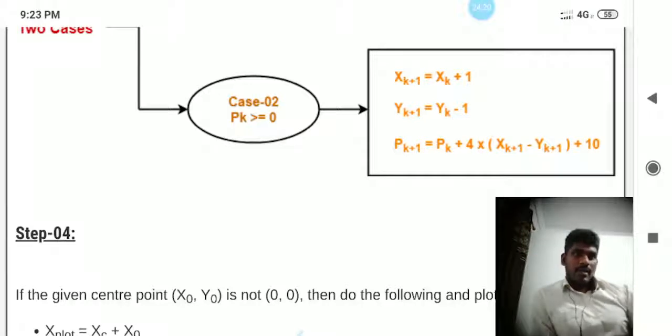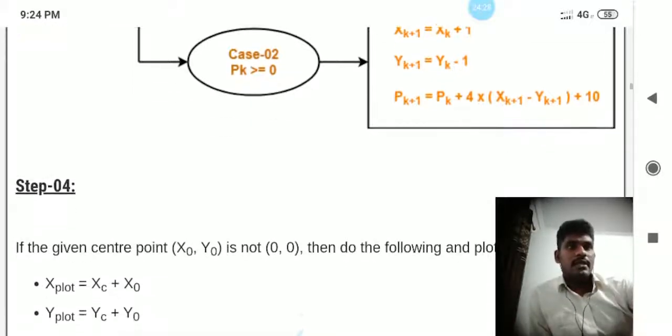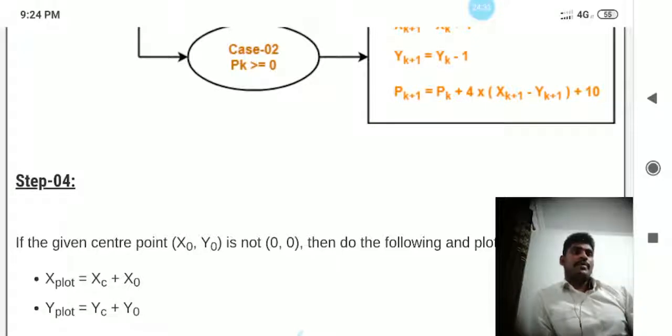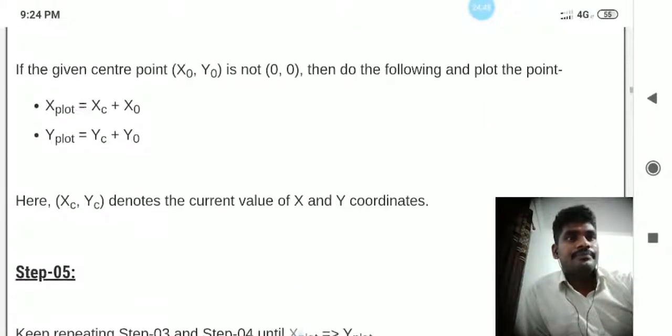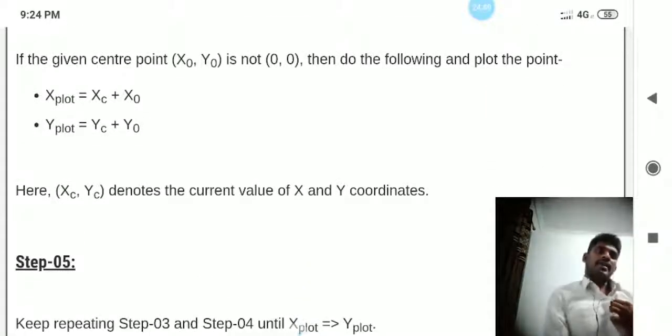But in the first case the y value is the same, and in the second case the y value decreases. We have to note this point. And second, we have to find the decision parameter: pk plus 1 equals pk plus 4 into xk plus 1 minus yk plus 1 plus 10. This is the equation we have to follow when the p value is greater than or equal to 0. Now we will see this programmatically in the Bresenham algorithm.